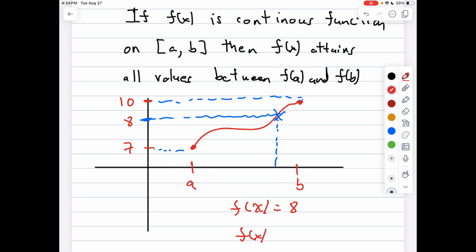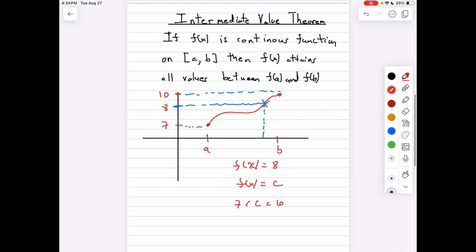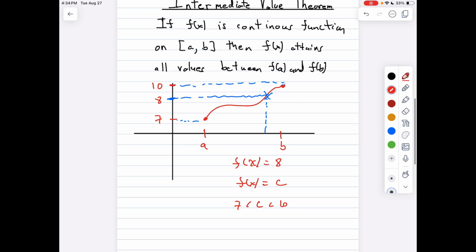Okay. That's what the theorem says, in so many words. So basically, your function will attain any value, inclusive here, between 7 and 10, with this example. So let me go back to f of a and f of b here.